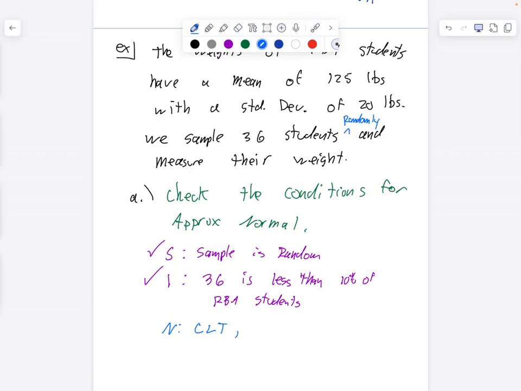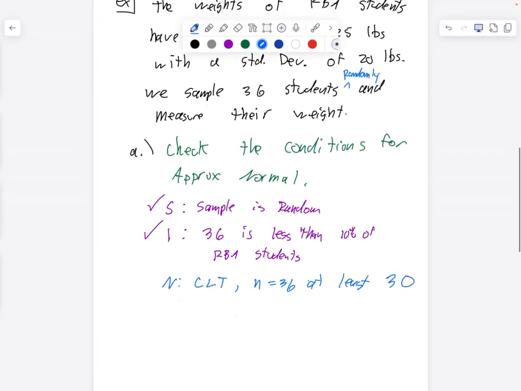B, describe the sampling distribution. Okay? So what is the sampling distribution? Approximately normal.